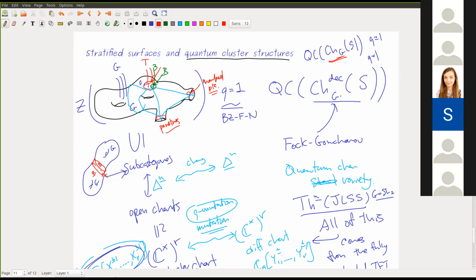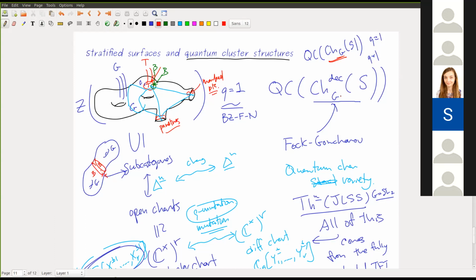And they showed that the mapping class group, or at least some big piece of it, acts on their algebras. That's the kind of thing that you don't have to show when you define it this way. That thing just acts. But then there has to be some compatibility condition of the triangulation with the stratification. It cannot be just any triangulation.